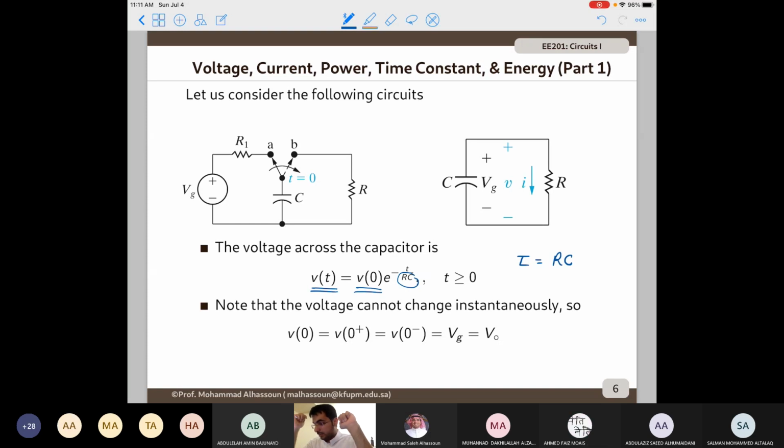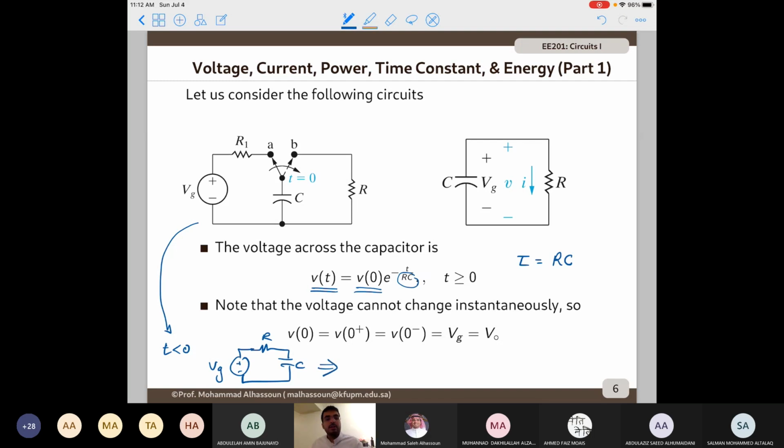So you may ask yourself, what's the initial voltage here? The initial voltage is clearly at t less than 0. If you draw the circuit here, you will see that you have R1 and you have the capacitor here.